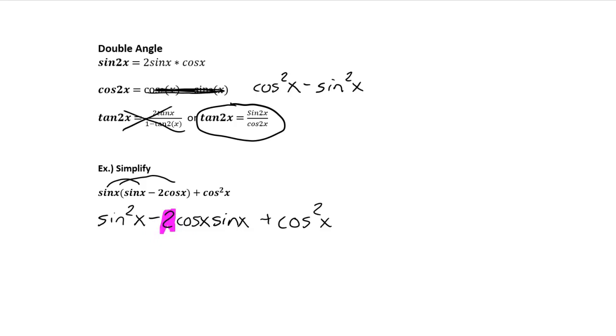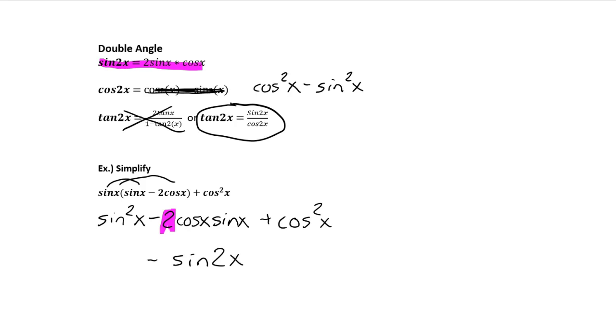Think about doubling. I'm multiplying by 2. So if you notice up here with sine, it says 2 sine cosine x. Technically, that's exactly what we're doing here. It's just written in a different form. But remember, with multiplication, it does not matter what order you multiply something in. So I can go ahead and take this 2 cosine x sine x and make it into sine 2x, which is our double angle.